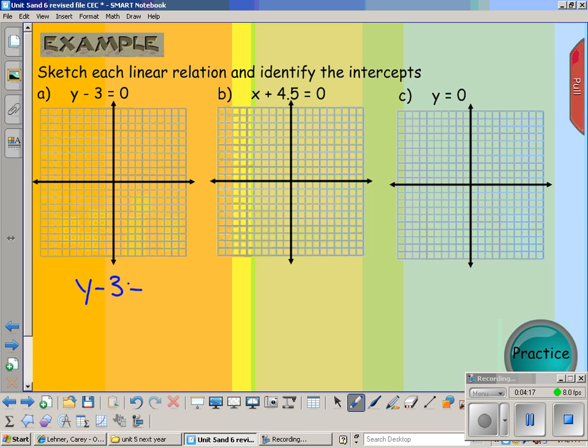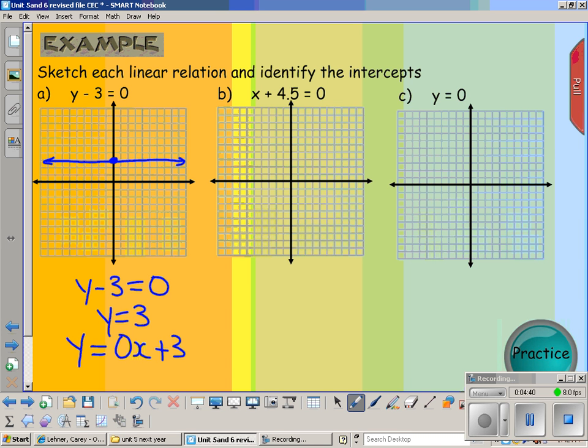Y minus 3 equals 0 can be written as y equals 3, which is of the form 0x plus 3. Your slope is 0. So what we have is a y-intercept of 3, and a slope of 0, which means we have a horizontal line.